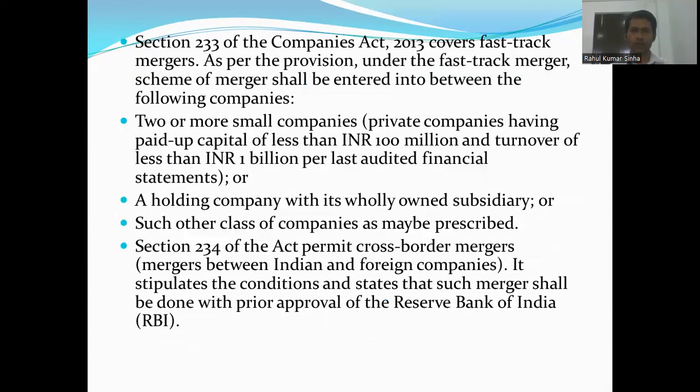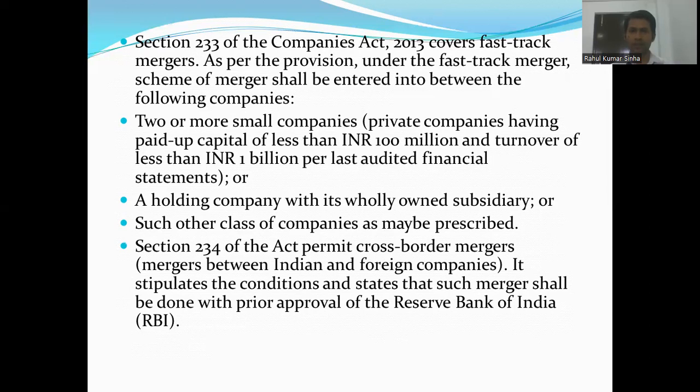Section 233 of the Companies Act covers fast track merger, where two or more small companies have paid up capital less than 100 million and turnover less than 1 billion, or a holding company with its wholly owned subsidiary.